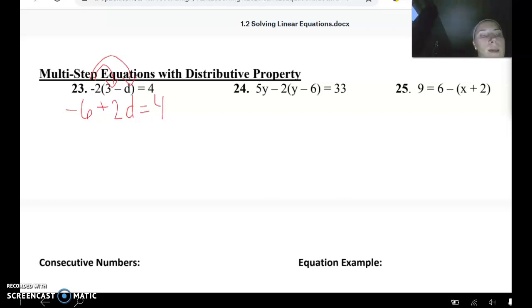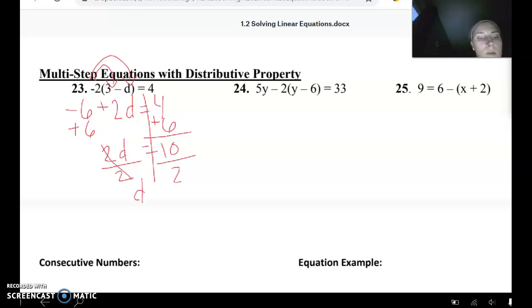And then we're going to add 6 to both sides, sorry. So we're left with 2d is equal to 10. We're going to divide both sides by 2 so that those 2's cancel. And we're left with d equals 5. So that's what you should have gotten for number 23, d equals 5.